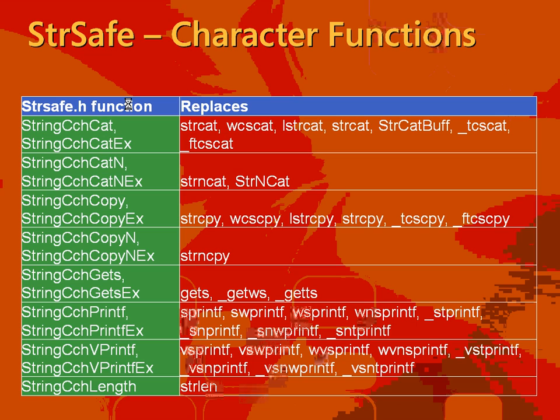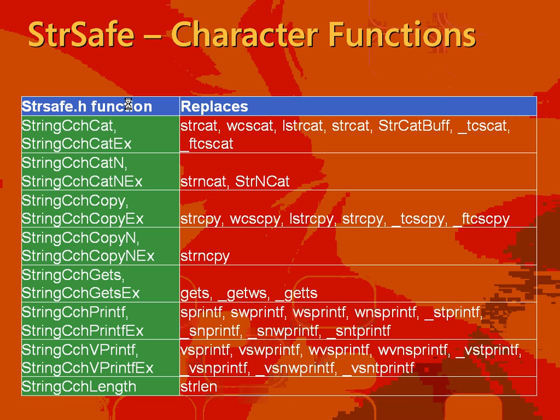There are all kinds of methods that exist today, ranging from your string cats to your string copies, as well as your string lengths. And each of these has a counterpart in the string safe library. If you can't find the counterpart, just do a search on MSDN for the method that you would use, and there's a very good possibility the string safe counterpart will show up, and you'll be able to get to this table.